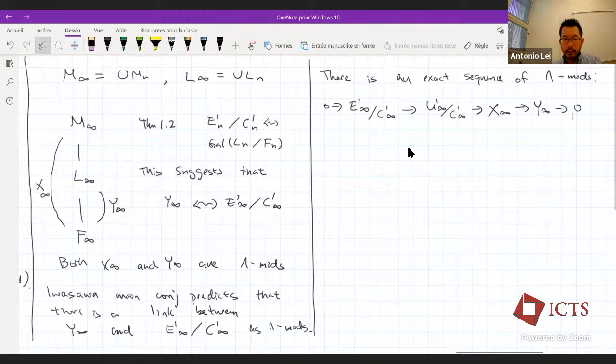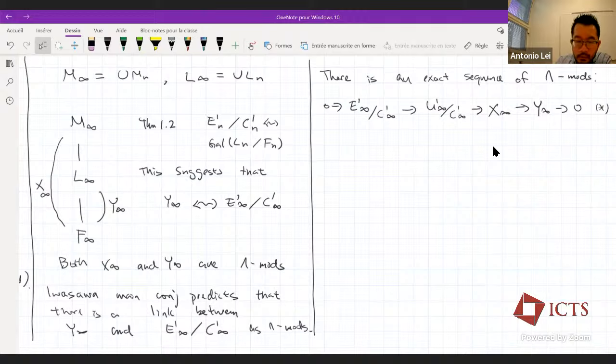We want to link this module to this module, and it turns out that in order to study the link between these two modules, you can study the link between these two modules as well. So this turns out to be equivalent. Let me explain a little bit more how we do this.